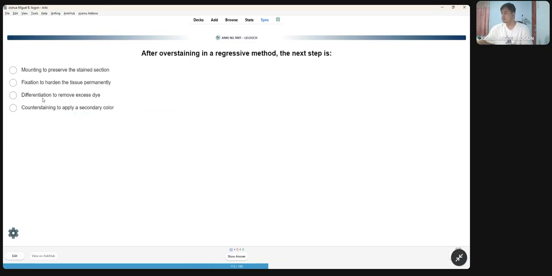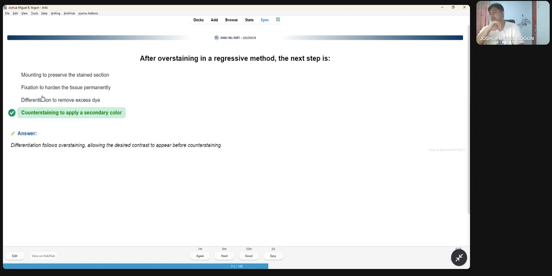So after overstaining, in a regressive method, the next step is differentiation to remove excess dye with diluted alcohol.